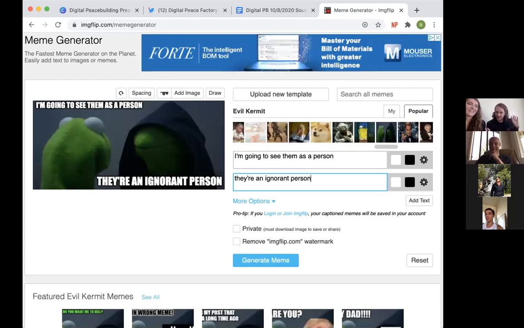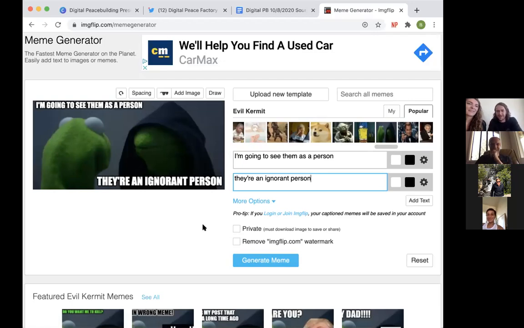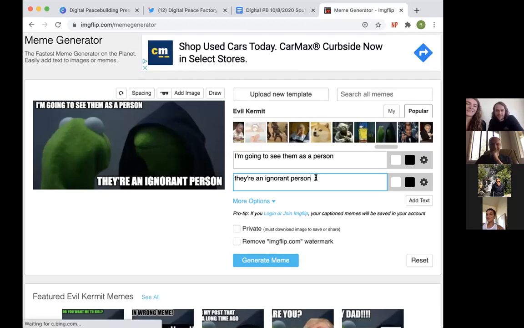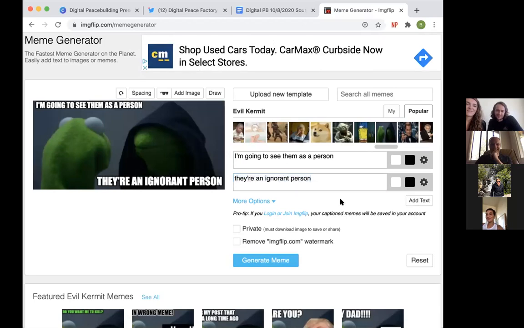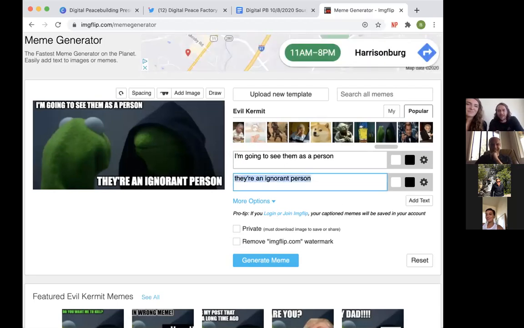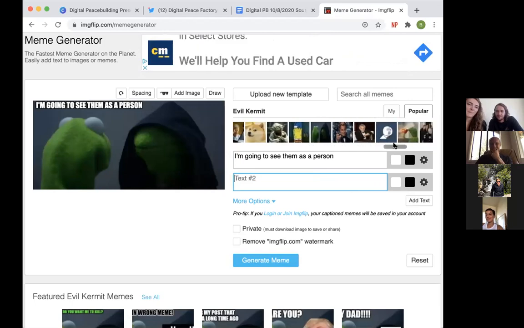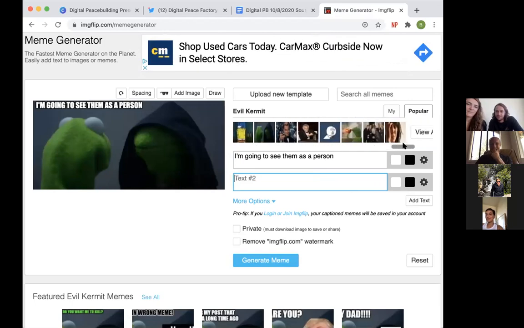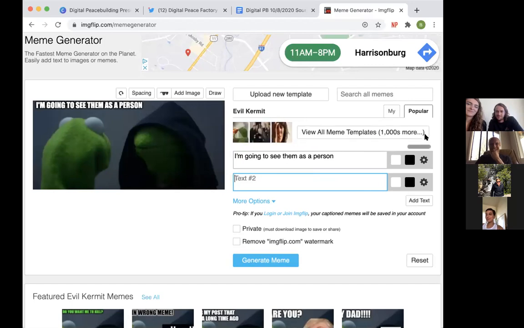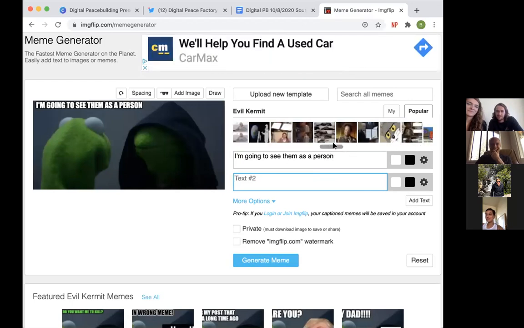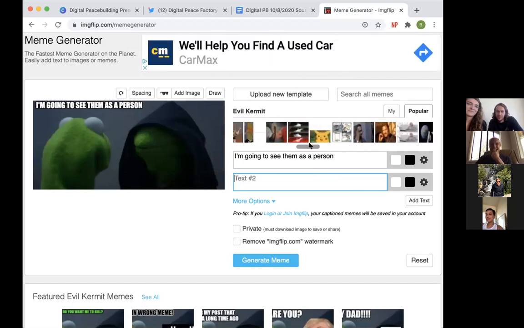So the Kermit meme is like when you're talking to yourself and there's sort of the devil on your shoulder, the dark side of yourself. So I'm going to see them as an ignorant person, right? That's to demonstrate how social media conversations often go. Look, they have thousands of meme formats.